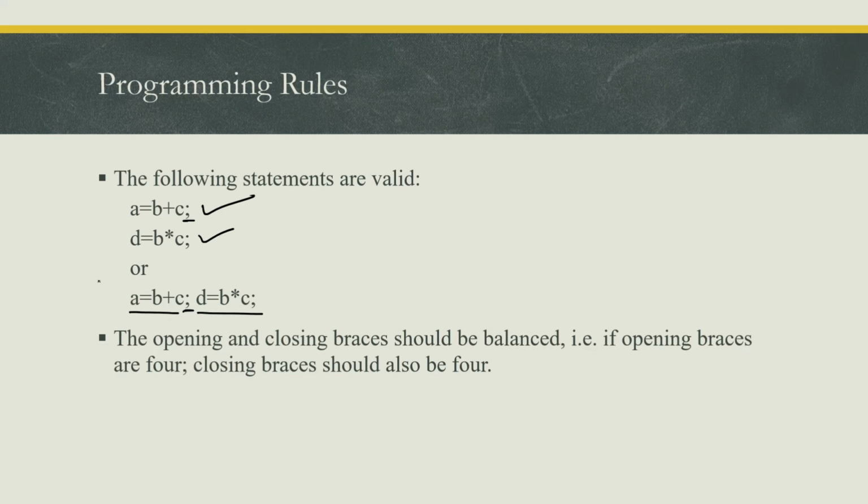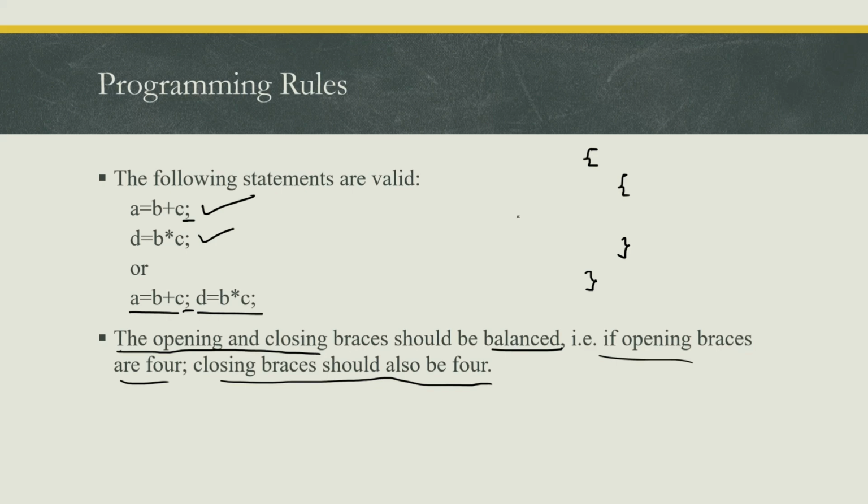Then, there are many times a programmer can make mistakes in this case. Let's see. The opening and closing braces should be balanced. If there are 4 opening braces, there should also be 4 closing braces. If you open a bracket, then you have to close it also. If you only open 2, then you must close 2.